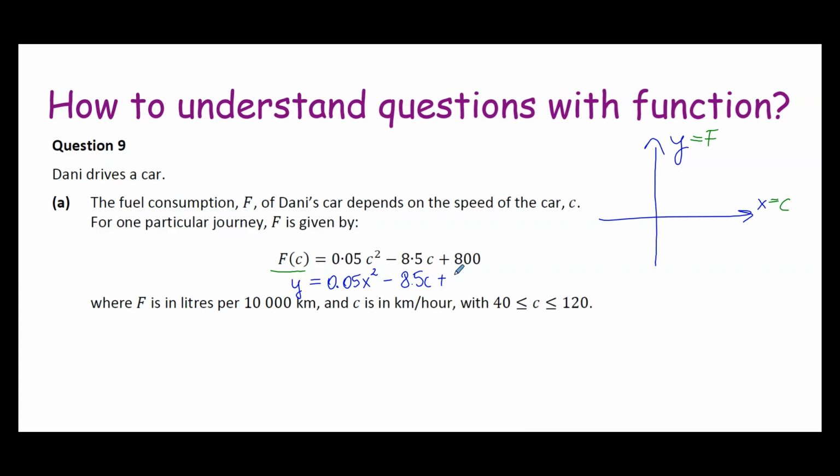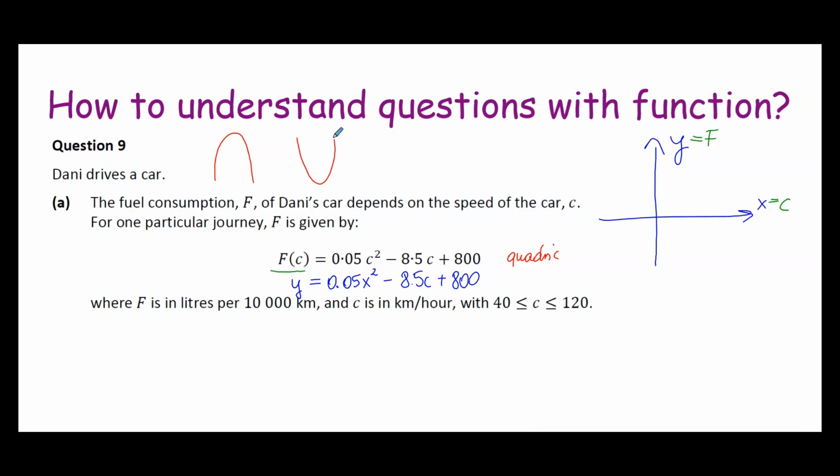Now, it is a good thing to understand what kind of function you are dealing with. Because it has c to the power of 2, and c, it is a quadratic function. If it is a quadratic function, what graph will it have? It will have a parabola. The parabola in a quadratic function can go down or it can go up.